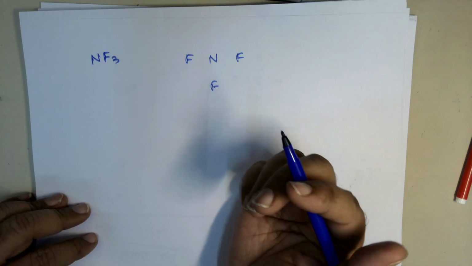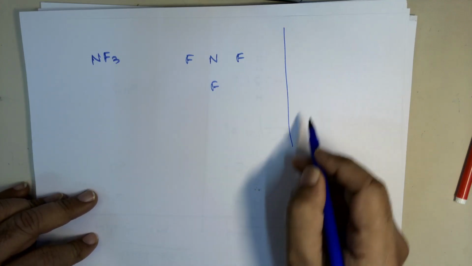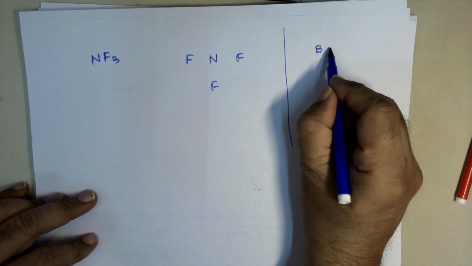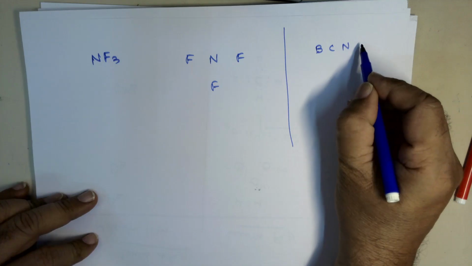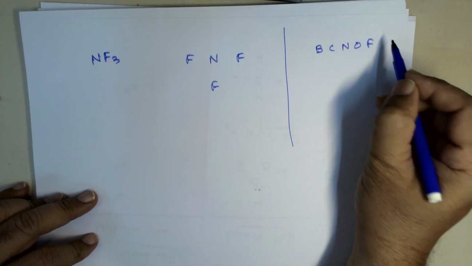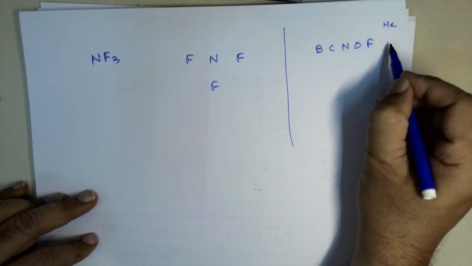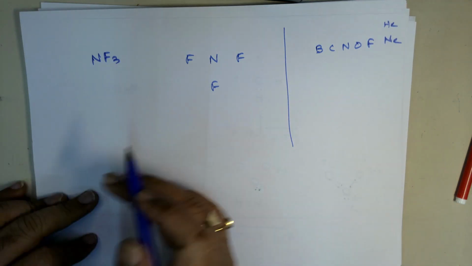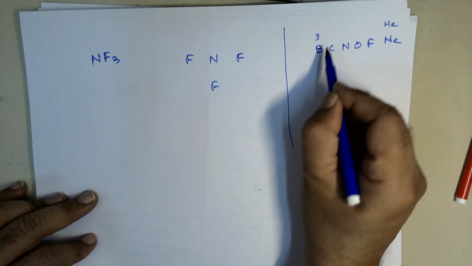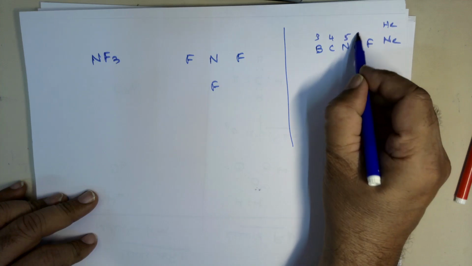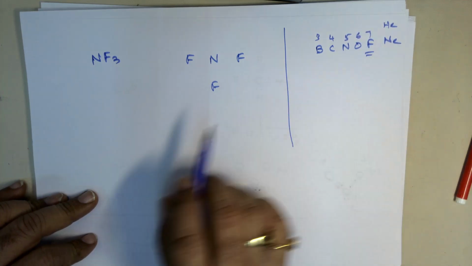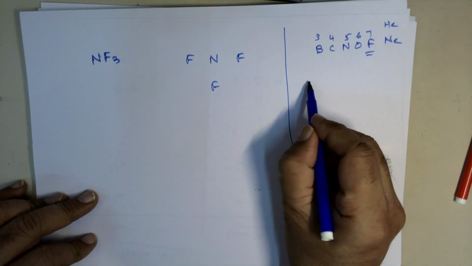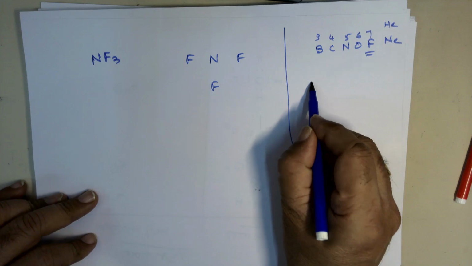You have the p block elements starting from boron, carbon, nitrogen, oxygen, fluorine, and then neon, right? Correct. So boron is 3, 4, 5, 6, 7. So fluorine is 7. So what is the electronic configuration?